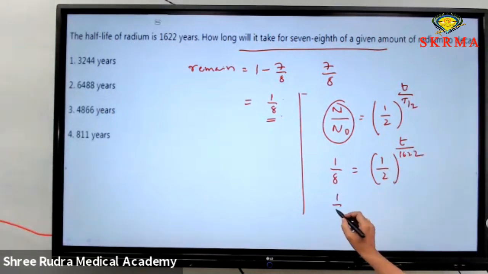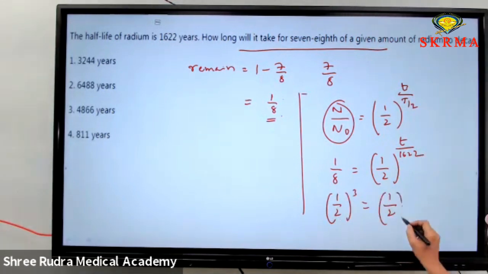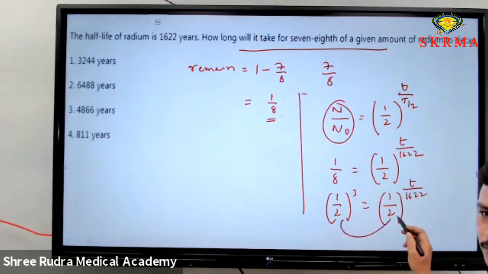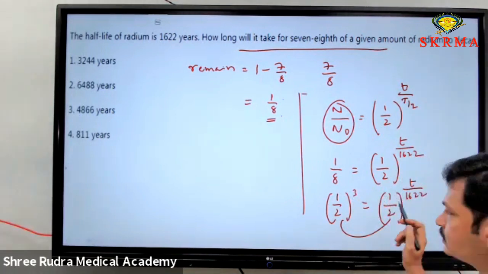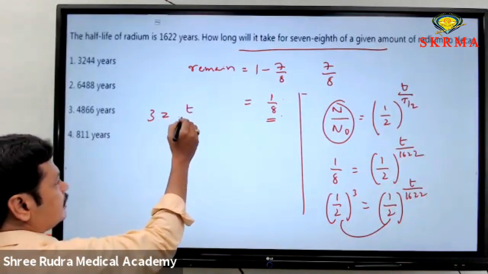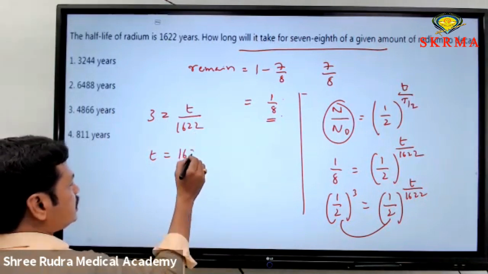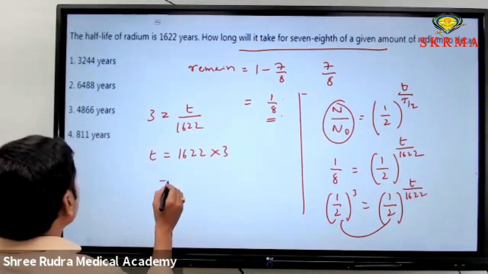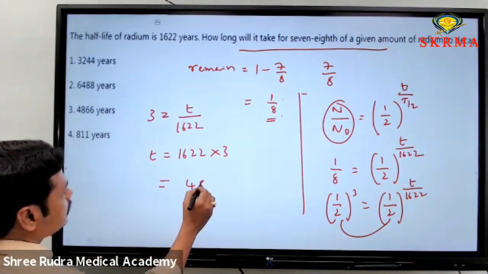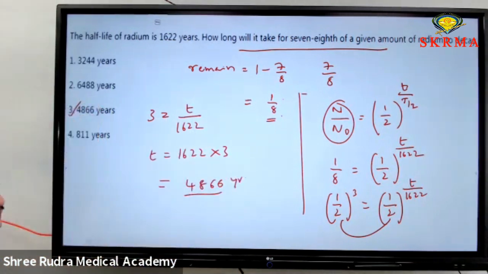This can be written as 1 by 2 whole cube equals 1 by 2 whole power T by 1622 years. Here also the bases are equal, so you can equate the powers: 3 equals T by 1622. Obviously, T equals 1622 times 3, which is 4866 years. The correct option is 3.